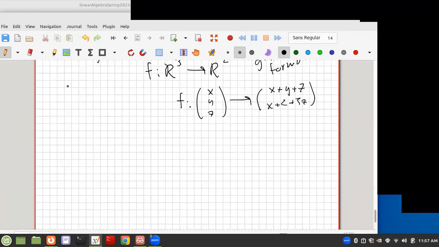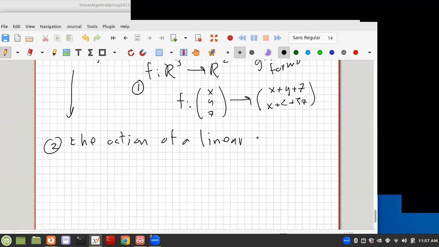Okay, here's something that's new. This is sort of path 1. This is going to be path 2. The action, this is the new thing, the action of a linear map on a basis specifies the linear map.